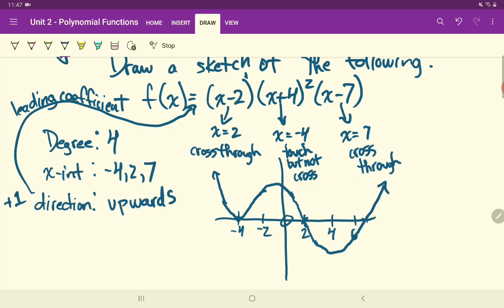It's going to look something along those lines. Try to draw it as a smooth curve as best as you can. So it's pointing upwards, touches at -4, turns back around, then crosses through 2, and then crosses through 7.